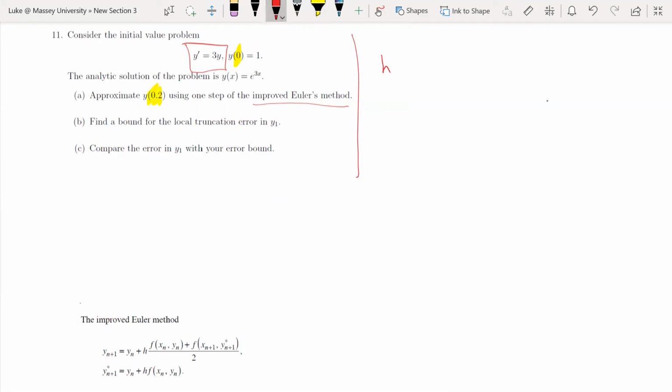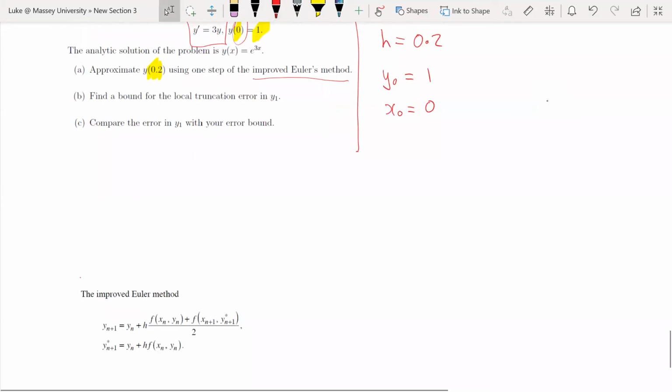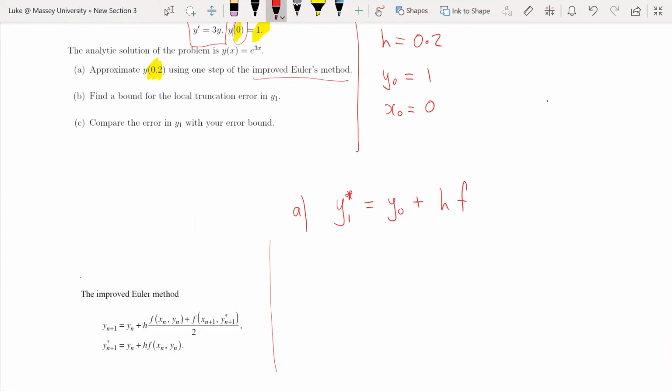So I know that my h, my step size, is 0.2. I know that my y naught is equal to 1 by the initial condition, and my x naught is equal to 0, again by the initial condition given here. So I have my y naught, my x naught, and my h, so I can start to apply this method. This is part A. y1 star is equal to y0 plus h times the function f evaluated at x0, y0.